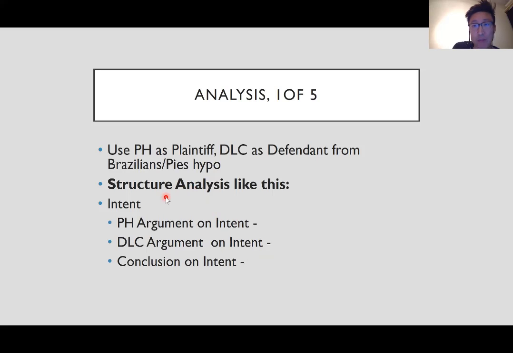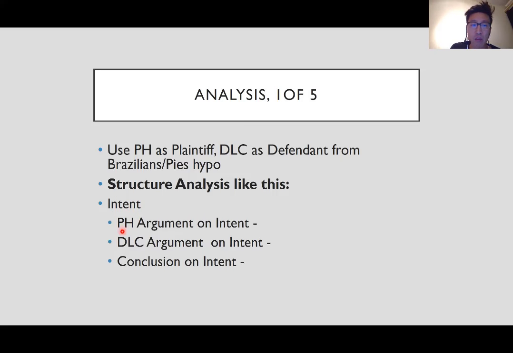For each element of battery, you want to have this issue set out here, intent to commit battery. You start with the plaintiff's argument because the plaintiff has the burden of proving; he's the one who's suing, so he's got to go first to set out his affirmative case, the prima facie case. And so you're this systematic.